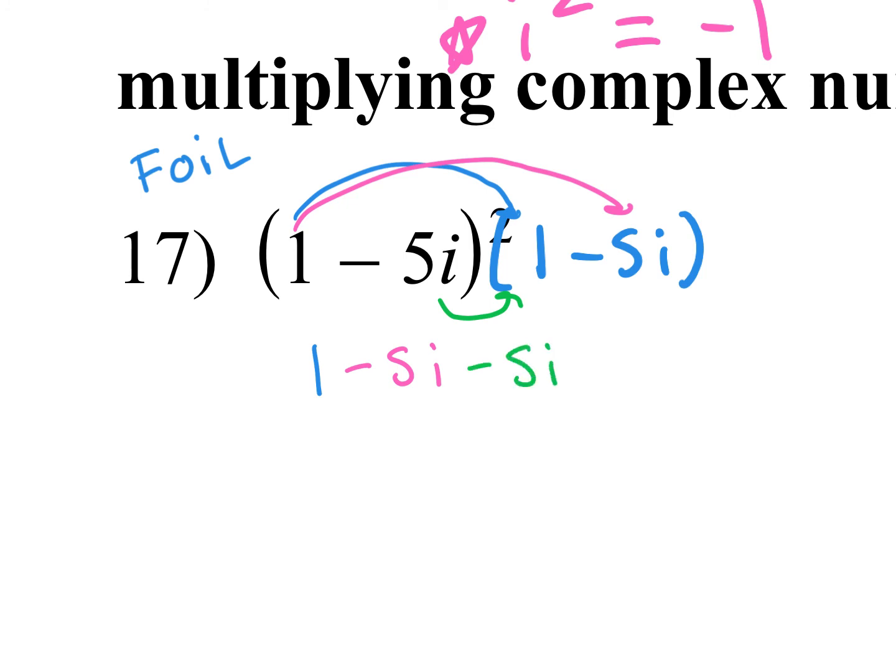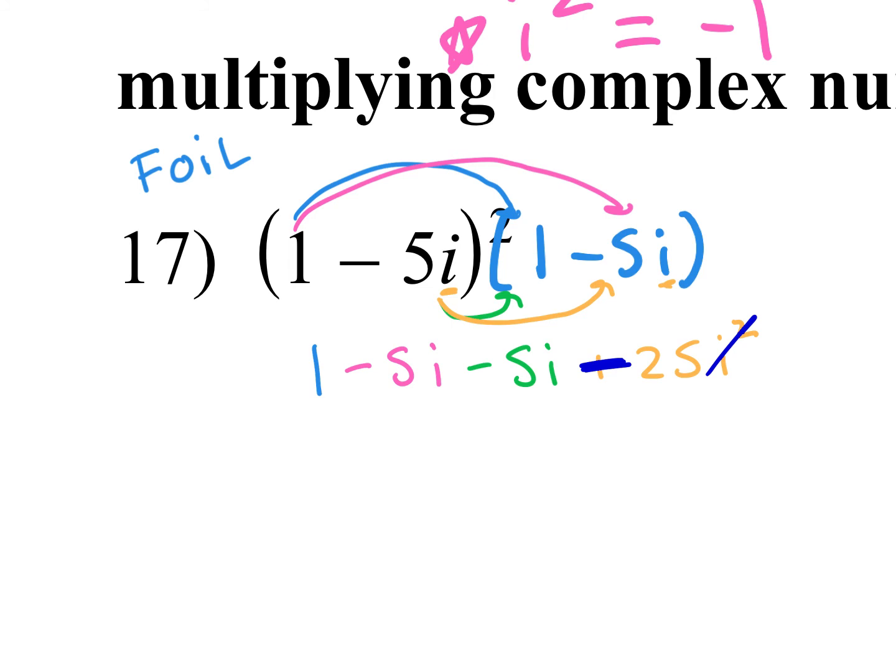Negative 5i. And then what are the lasts? So it'll be negative 5i times negative 5i. And it'll be plus 25, what? i squared, because it's an i times an i. What does our i squared turn into? i squared turns into negative 1, so it becomes a negative 25. So always get rid of the i squared and change the sign of that number that it's touching.